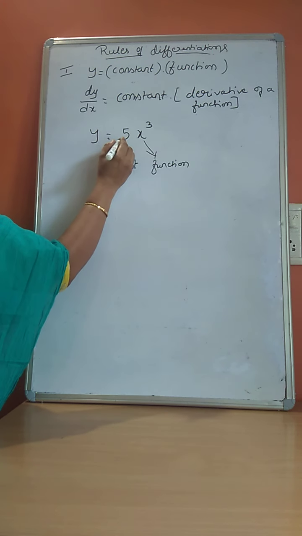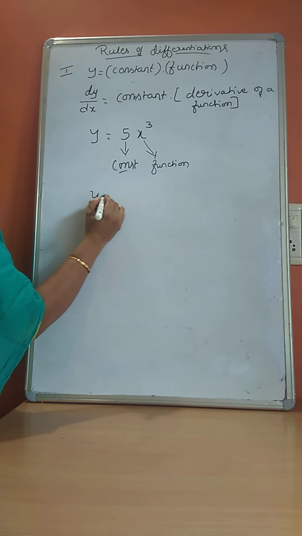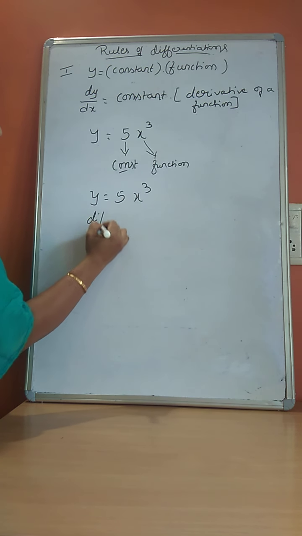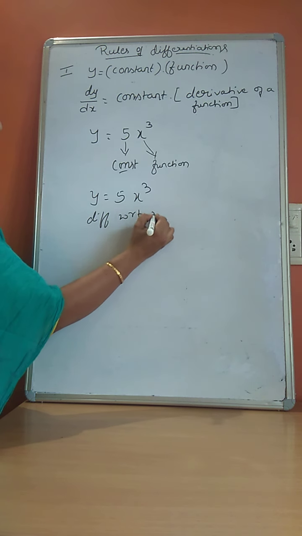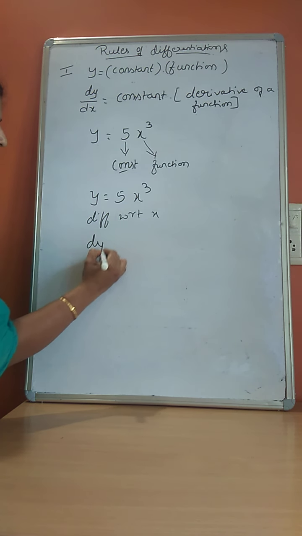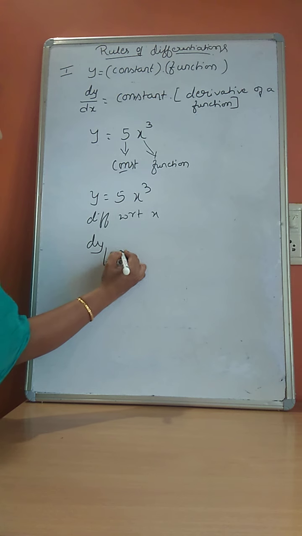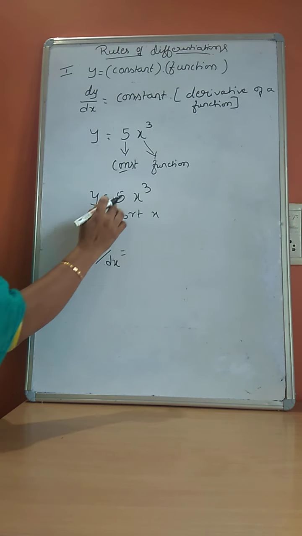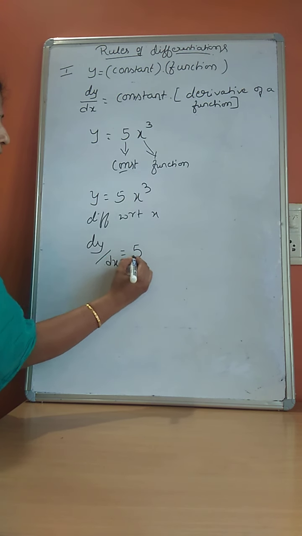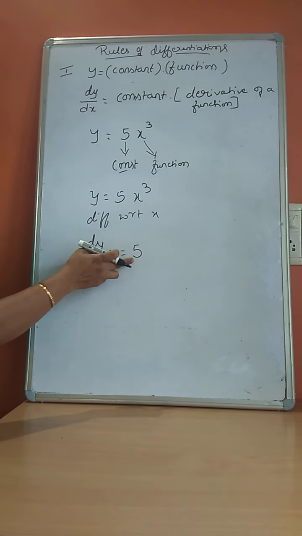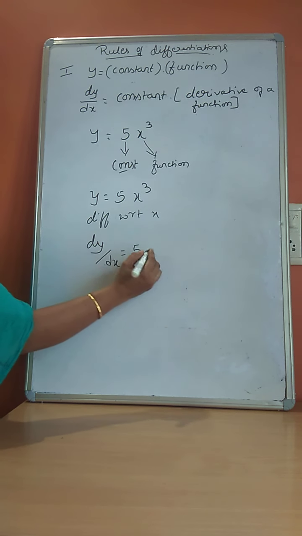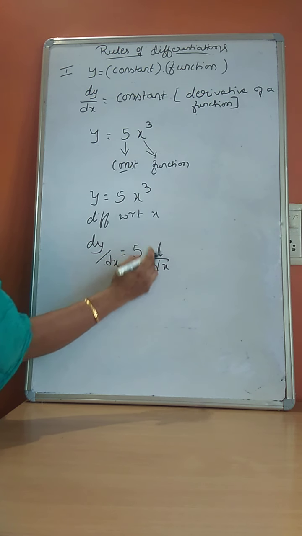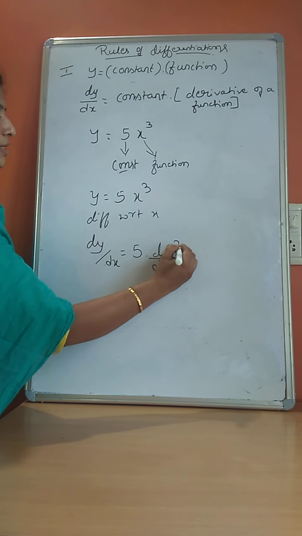Here y is equal to 5x cube. So differentiate with respect to x, we get dy by dx is equal to, keep the constant 5 as it is, into derivative of function, d by dx of x cube.